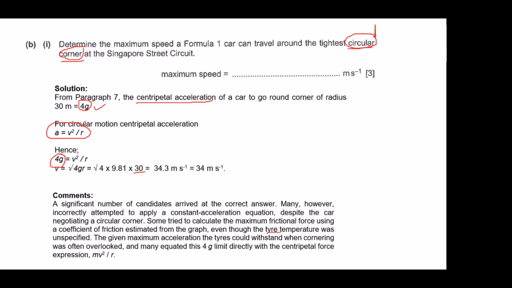Tire temperature was not told, but do not randomly use the graph. There's no temperature given. The 4G is actually a centripetal acceleration, your ac value, right? So be careful when you go into centripetal force, the equation is Fc. So be careful how you use the value of 4G.